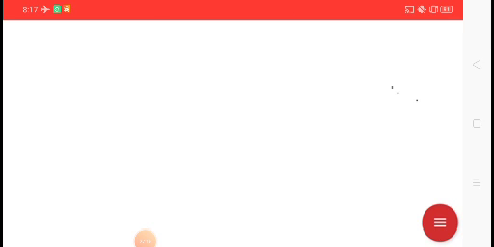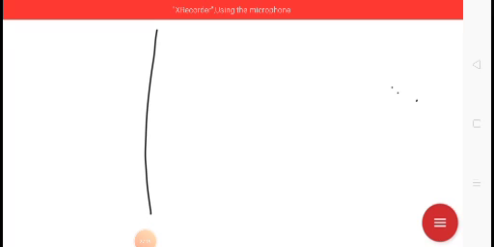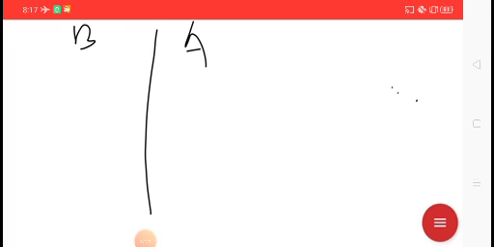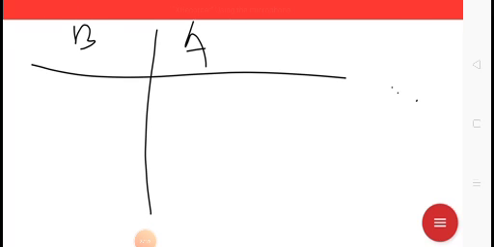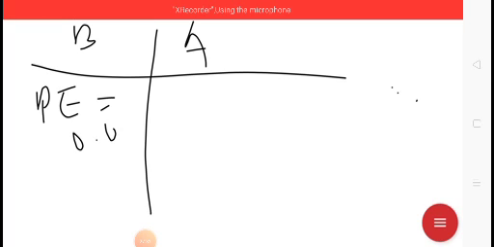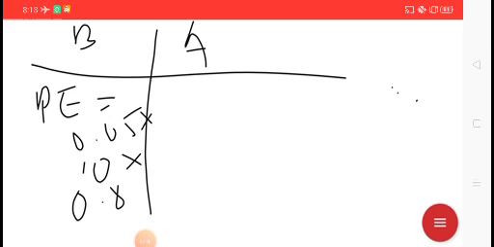So for this question, same thing, you can consider before and after. Before, what do you have? Start from rest, you have PE, right? You have PE equal to 0.05 times 10 times 0.8. Okay, so this is your initial energy.